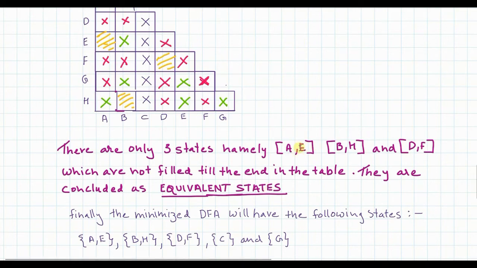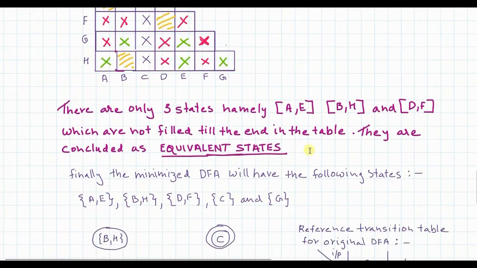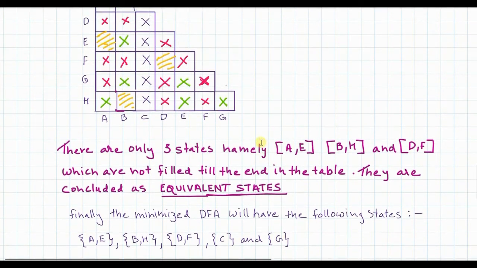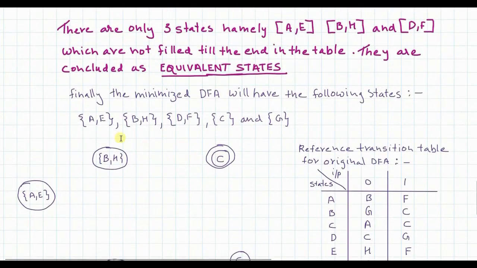That means whatever transition happens for A, exactly the same transitions you will observe for E, as if A and E are one state. So in the minimized DFA that we draw, we are going to consider all the states from the original DFA, because the final state of the original DFA will also remain the final state of the minimized DFA.